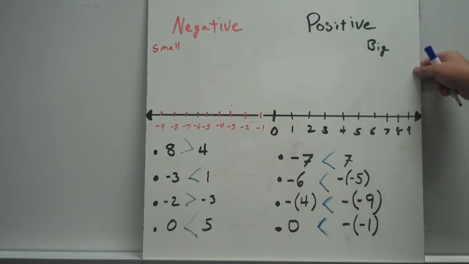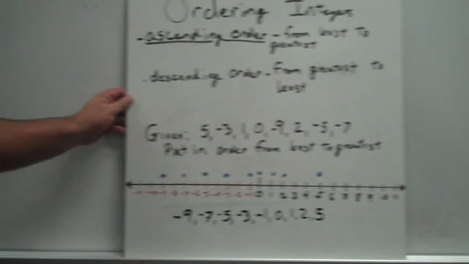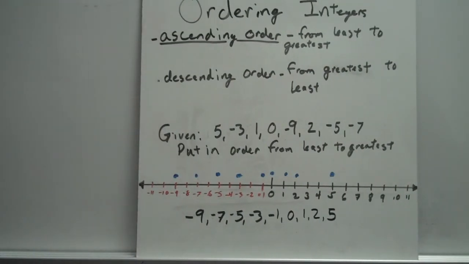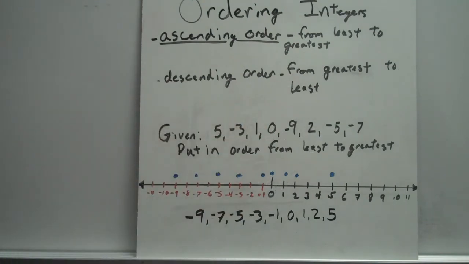Okay, so let's talk a little bit about ordering our numbers. Some words we should be familiar with are ascending order, which is listing numbers from least to greatest, and descending order, which is listing numbers from greatest to least.